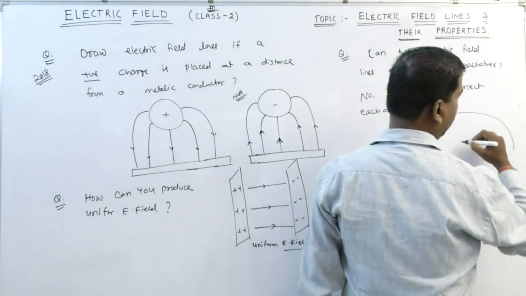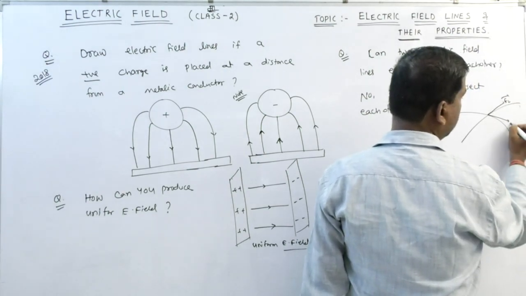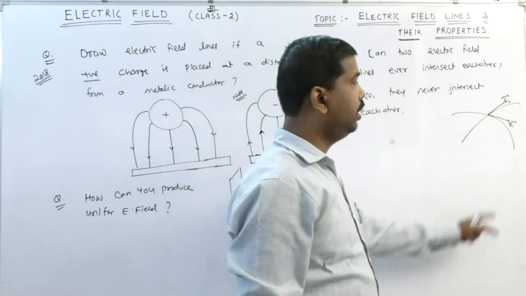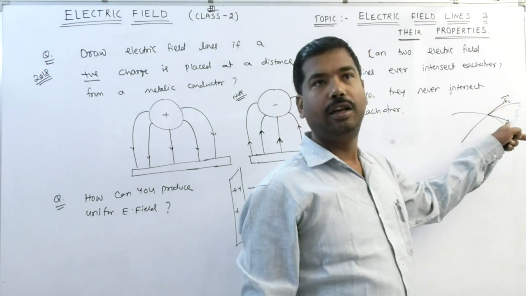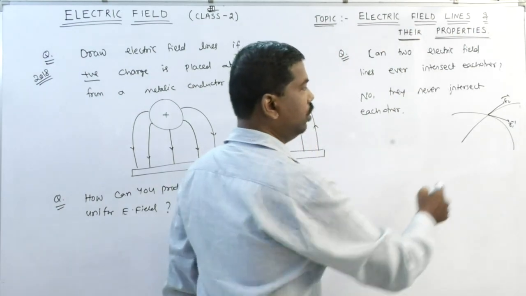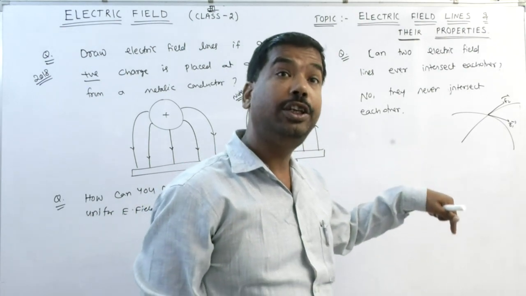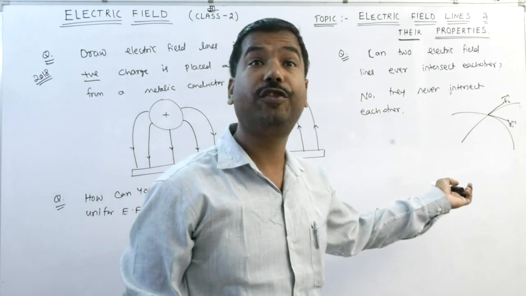Because, as we have discussed earlier, if two electric field lines intersect each other at a common point, there will be two tangents, that is, two directions of electric field, because the tangent drawn at any point to the field line gives the direction of the electric field at that point.